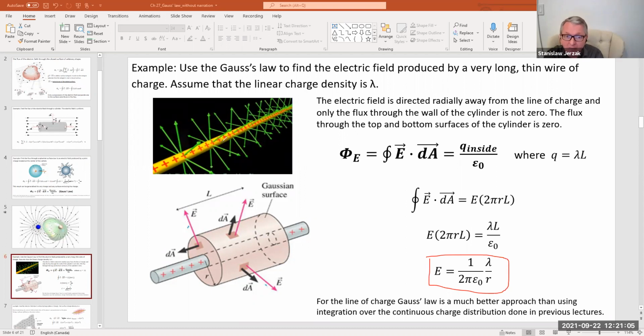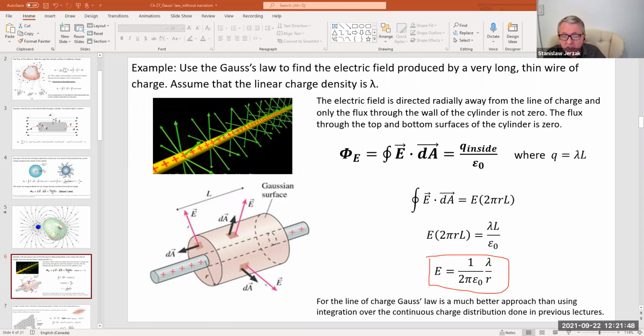If I have an infinitely long line of charge, then previously we concluded that the electric field due to the line of charge is always radially away. These green vectors represent the electric field. Even if we had not done these calculations previously, you would have to conclude that if the charge is uniformly distributed on the line of charge, the electric field must be radially away from it, because any other direction would not make sense.